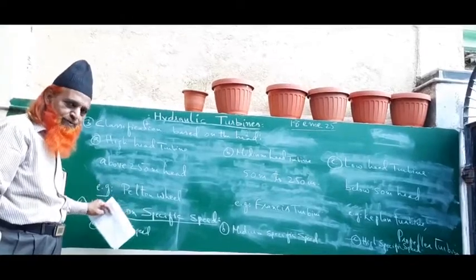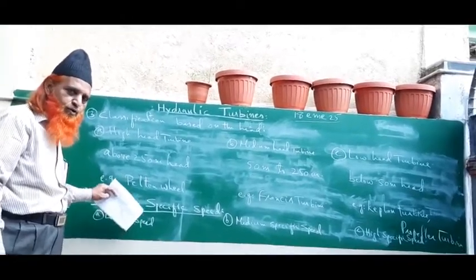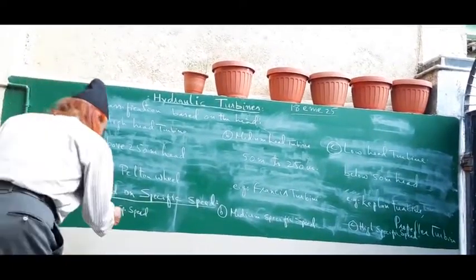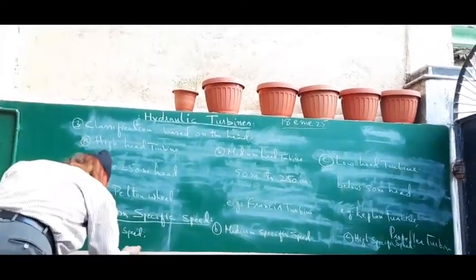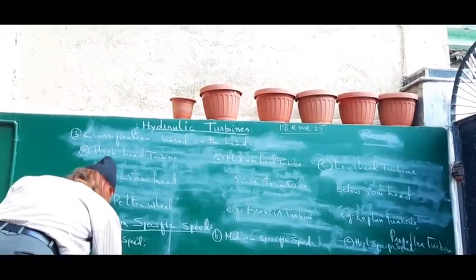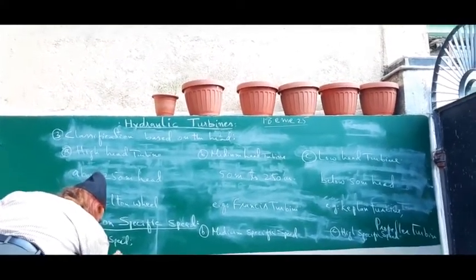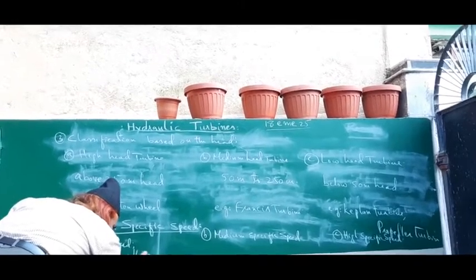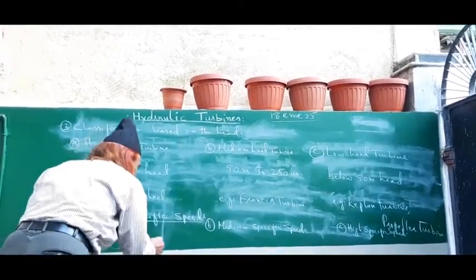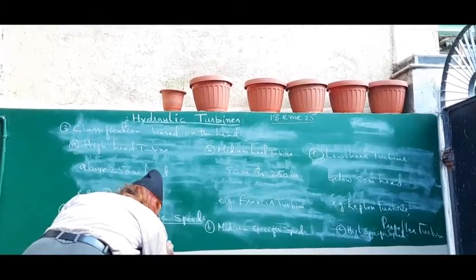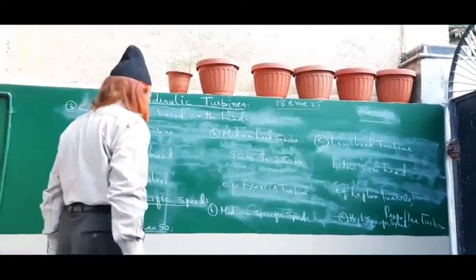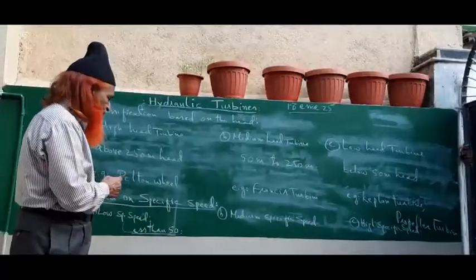There, the specific speed calculation gives us a low specific speed, and that is lying within 50, less than 50. When the specific speed is less than 50, then that is low specific speed.